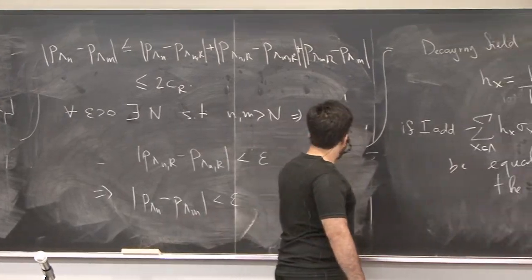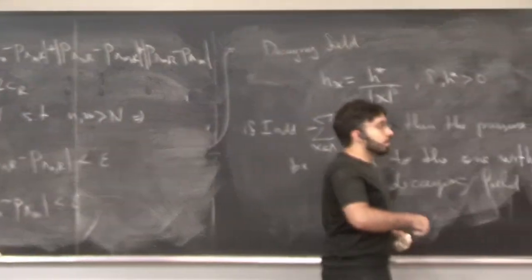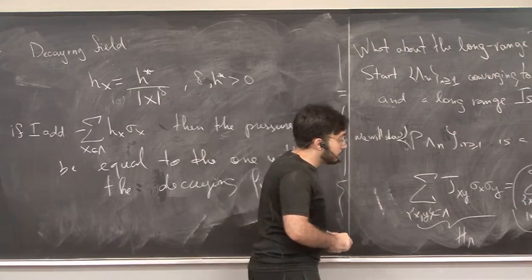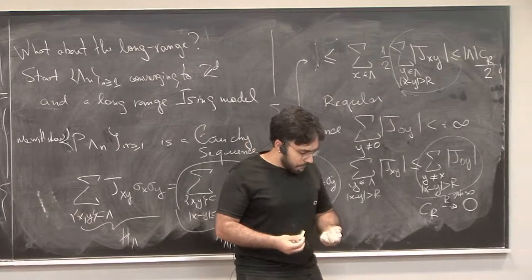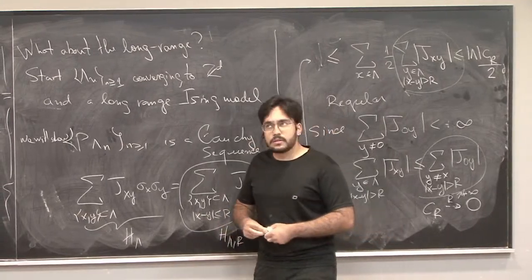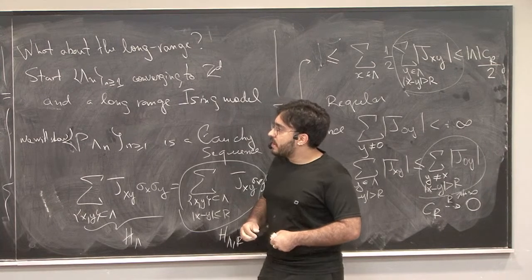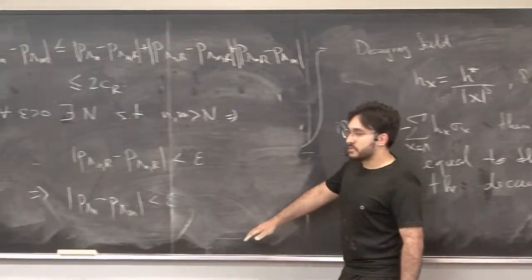So they defined the pressure, tried to calculate the limit, and see what happens to the derivatives. And it turns out that, I guess, since the 40s, we don't have much action in calculating explicitly the pressure for the Ising model.